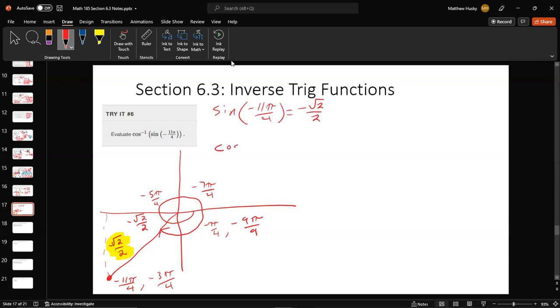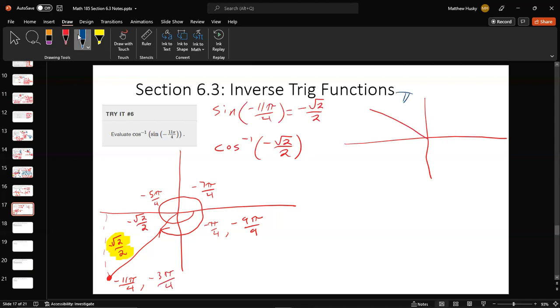Then what I need to do is cosine inverse of negative root 2 over 2. For cosine, I either want to be in quadrant 1 or 2. Since it's negative, that's going to put me in quadrant 2. So we've got negative root 2 over 2, and that angle right there is going to be 3 pi over 4.